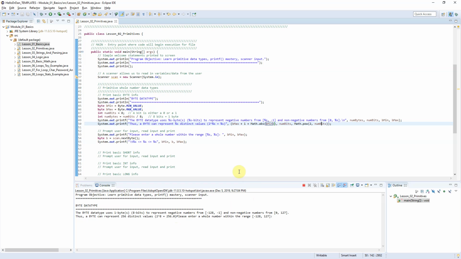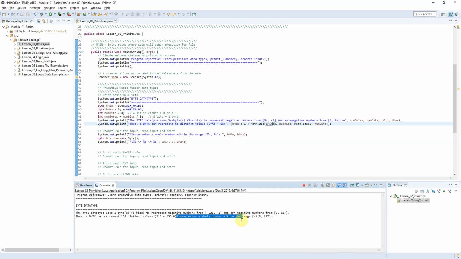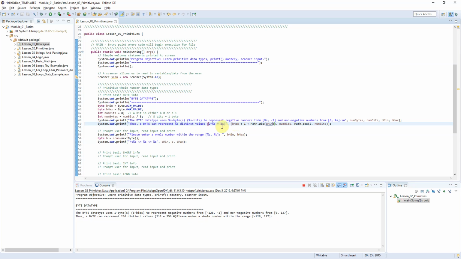Okay, perfect. Well, not quite perfect. You can see I have some formatting issues right here, so I'm going to add at the end of this statement a new line character. Then I'll play it one more time. Okay, so we got at least a new line right there.